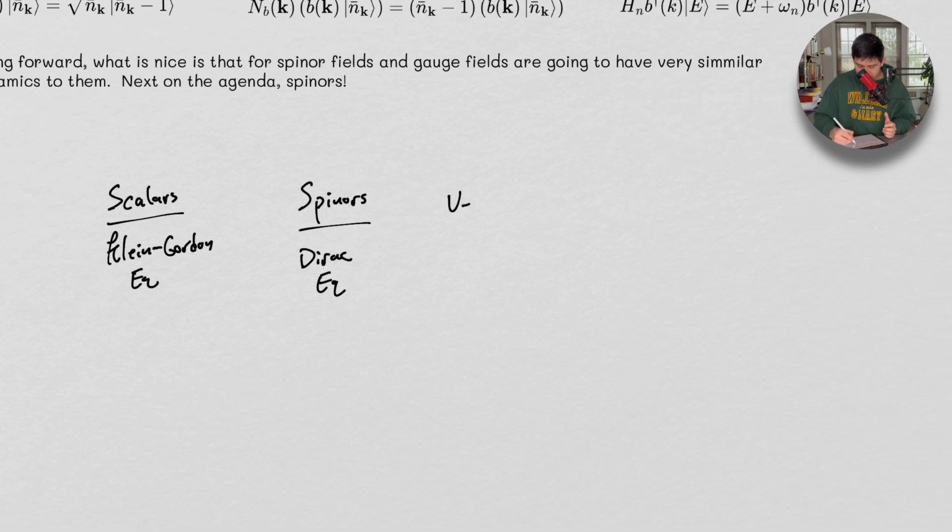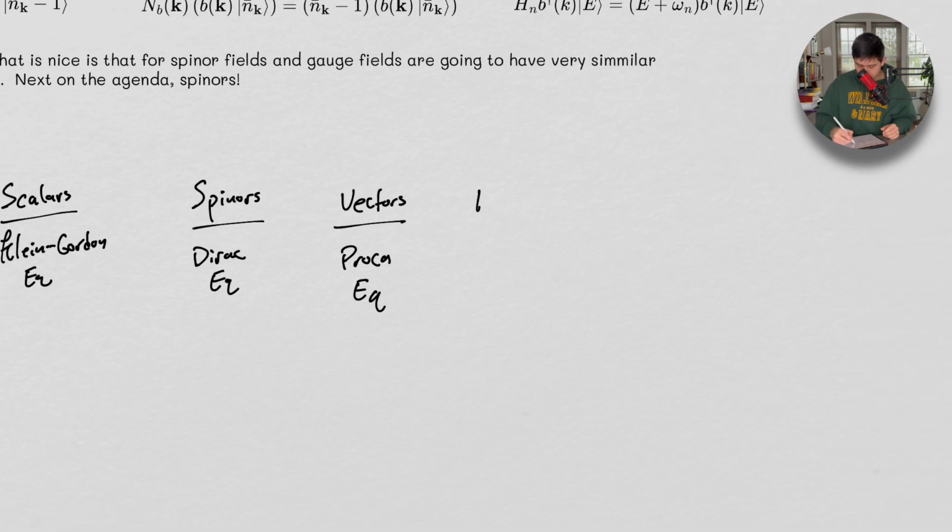And then when we talk about vectors, this is going to be the Proca equation, or Proca Lagrangian. And then we're probably not going to talk about tensor fields. But tensors, that's GR, general relativity.